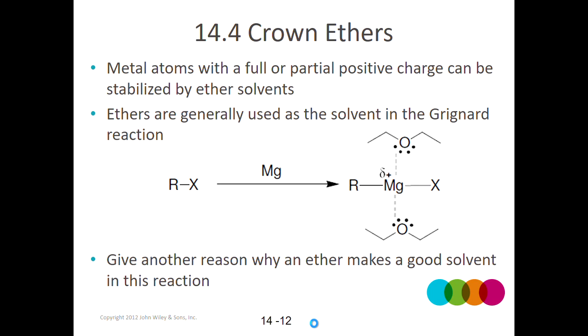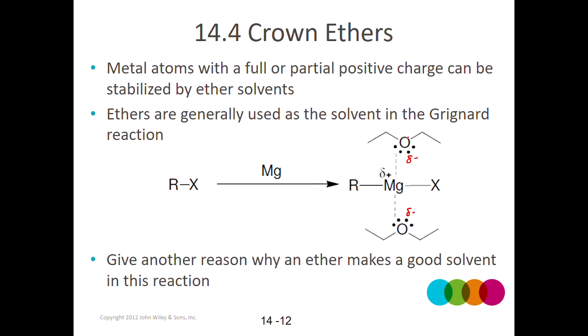Specifically, for the Grignard reaction, the ether is almost always used as a solvent because of its extra ability to form some nice ion-dipole or dipole-dipole attractions with the magnesium itself. So that helps to stabilize the magnesium even more.